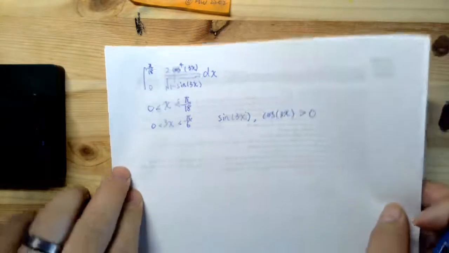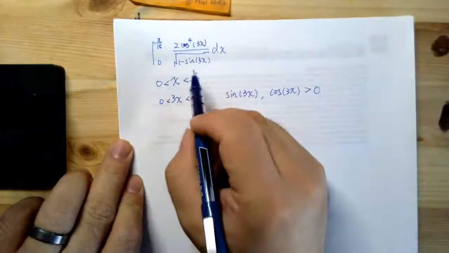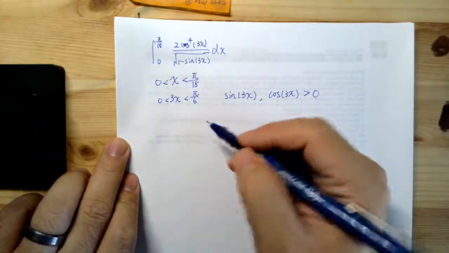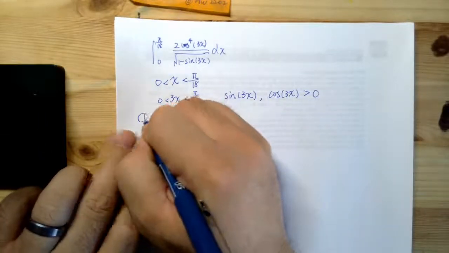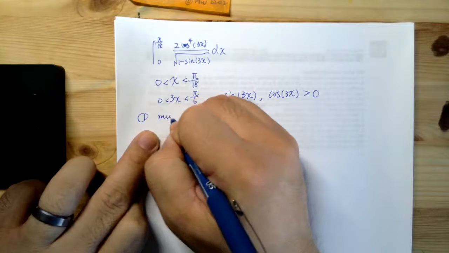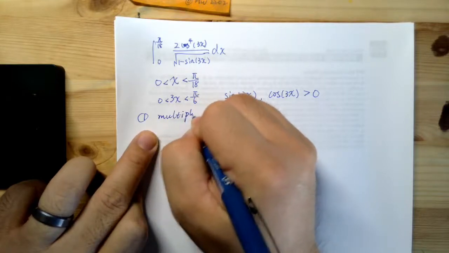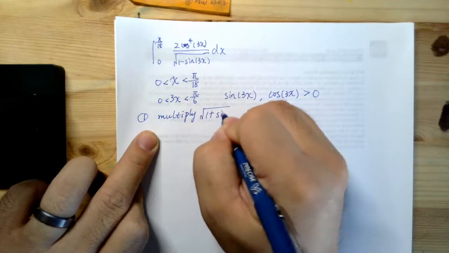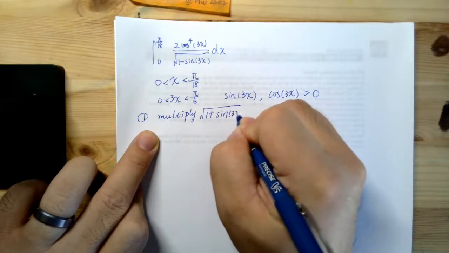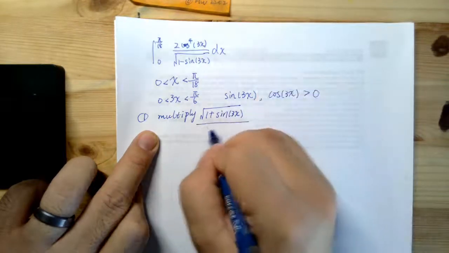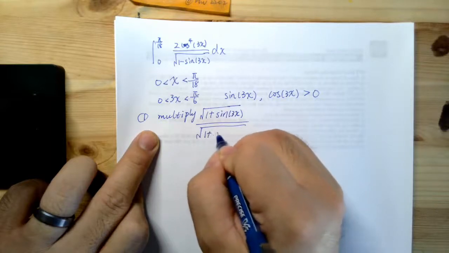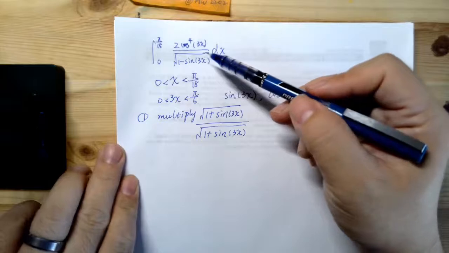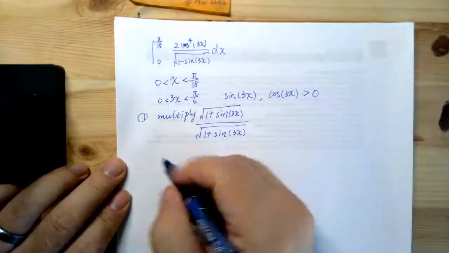Okay, so with that in mind, what we'll do first is step 1, we're going to multiply square root of 1 plus sine 3x over square root of 1 plus sine of 3x to the integrand. So this is what I mean.